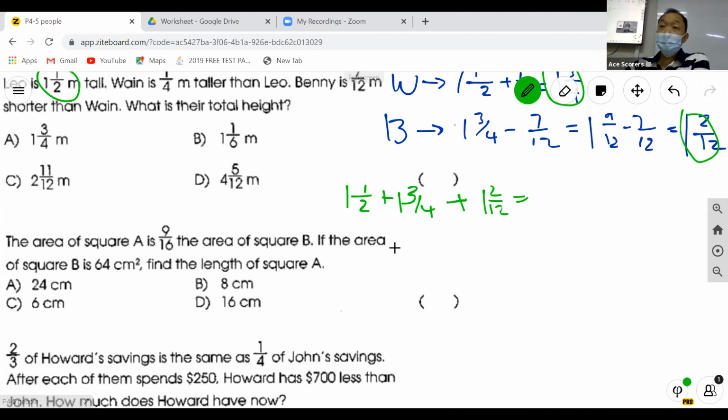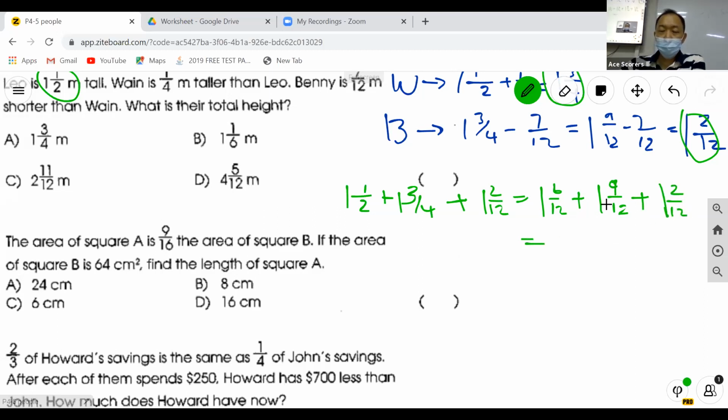What do you do? Convert all to the same base. So this denominator becomes 6 out of 12 because you times 6, and then this one times 3, 9 over 12. Okay, plus 1 whole 2 over 12.